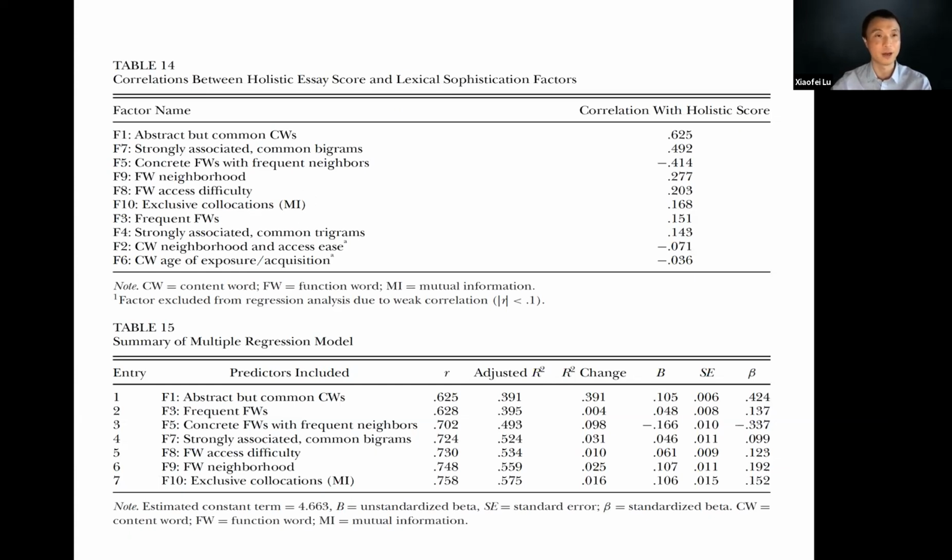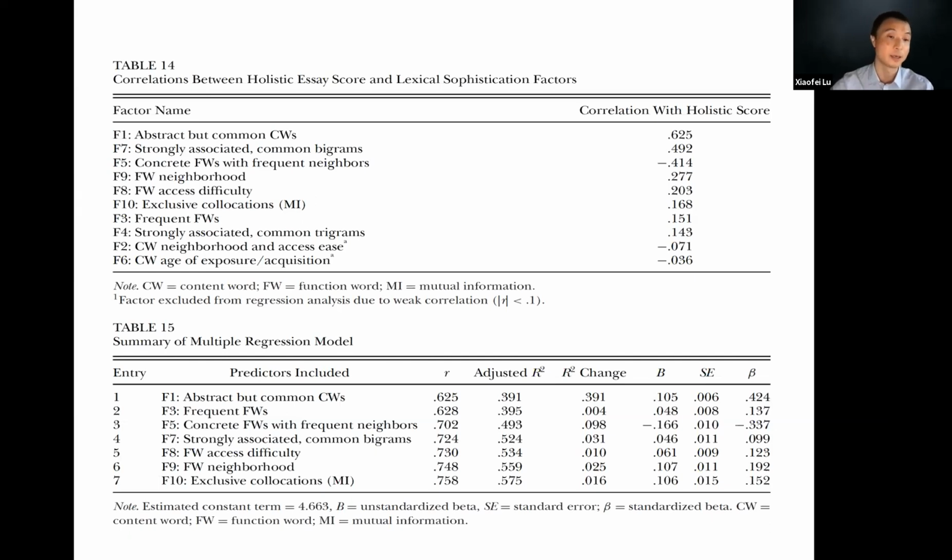So they did a factor analysis. They named a number of different factors with loadings from different indices, and they were trying to look at the contributions of different factors to L2 writing quality.